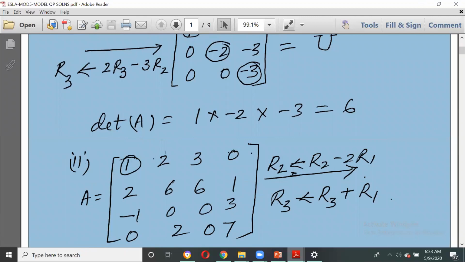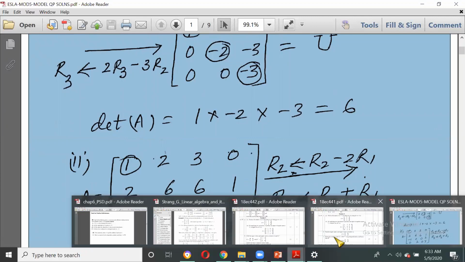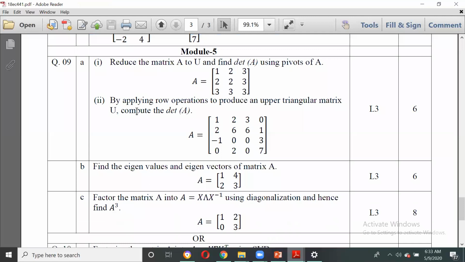Now let us see part B, or rather 2: by applying row operations to produce an upper triangular matrix U, compute the determinant of A. Both these are the same, they are not different. Only the statement is different over here, but both refer to the same thing.